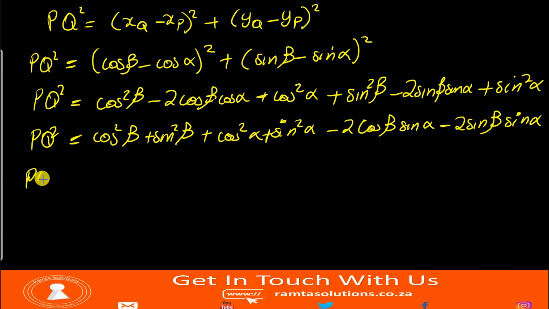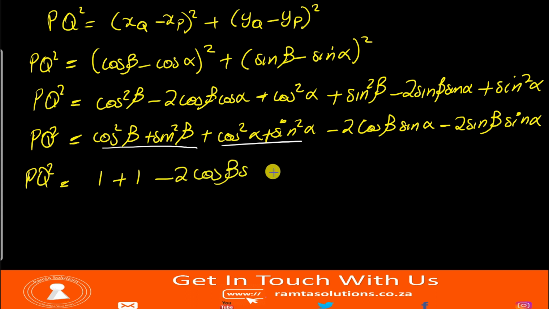Again, we're saying PQ square is equal to, I want you now to look at this. This is a square identity. Cos square plus sine square of the same angle is 1. Or similarly, we can say the same about this one. So this is 1 plus 1 minus 2 cos beta cos alpha minus 2 sine beta sine alpha.